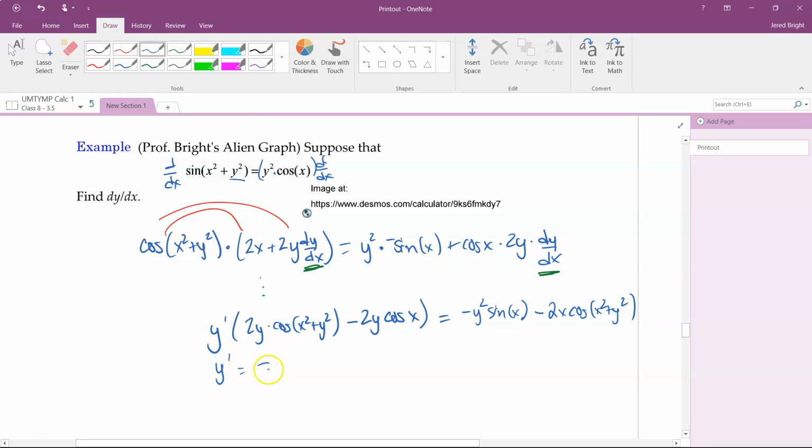So you have a fraction, and you have minus y squared sine x minus 2x cosine of (x squared plus y squared), and then 2y cosine of (x squared plus y squared) minus 2y cosine x.